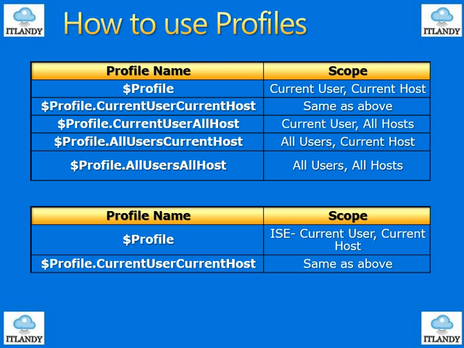And last, ISE current user current host. This is similar to the current user current host profile. It is run instead of the normal profile file. You can get more information with Get-Help about_profile.